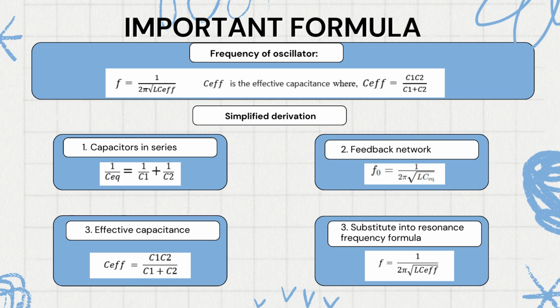And lastly, substitute CEFF into the resonance frequency formula to obtain the final expression for the frequency of oscillation, that is F equal to 1 per 2 pi square root L CEFF.